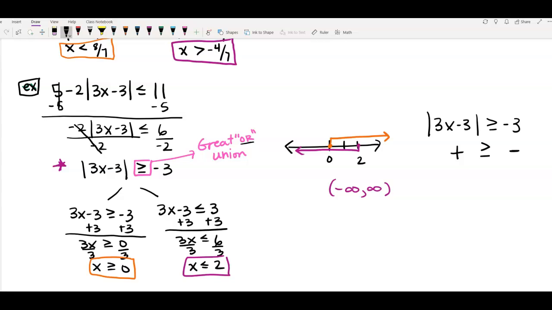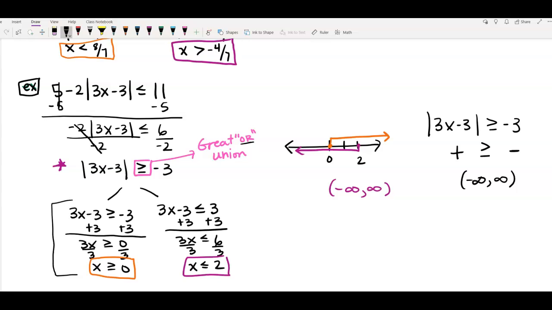Well, it's always greater than. Positives are always greater than negatives. So that's another way that you could look at this. You wouldn't even have to do this last part here. We could just say a positive is always greater than our negative, so our answer would be negative infinity to positive infinity.